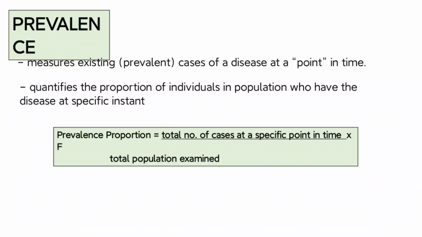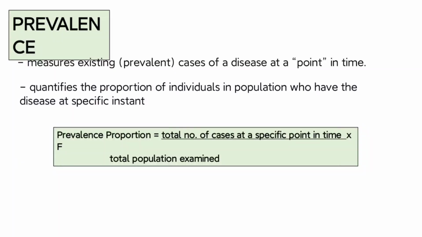So, it quantifies the proportion of individuals in population who have the disease at a specific instant. Okay. So, how is point in time specified? So, it exists at a specific point. Okay, tandaan yan. Nag-exist siya on a specific point. Ganun mo lang malalaman na prevalence ang gagamitin mo. Okay?